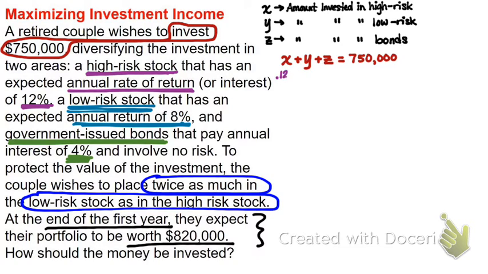So I could do 0.12 times X, because that's my high risk account, right? What would I find by doing 0.12 times X? How much the interest is after just 1 year, right? Because we're just talking about 1 year right here. So this would be interest at 1 year.